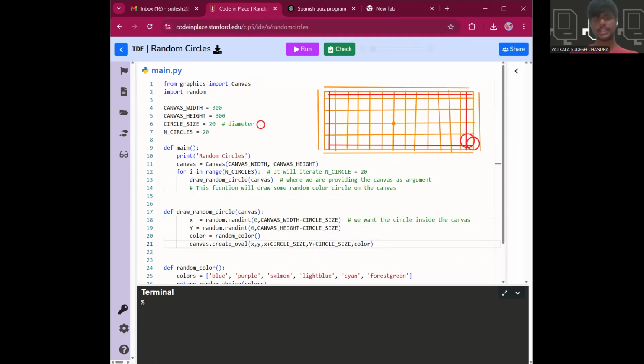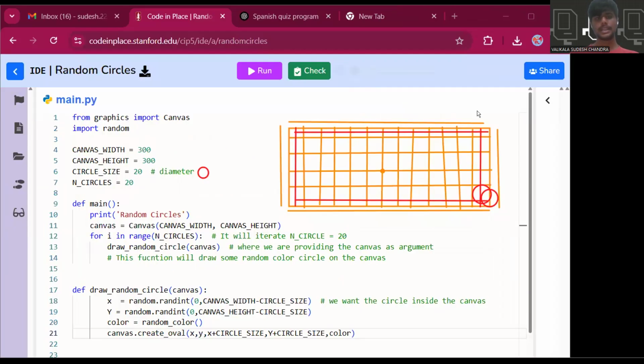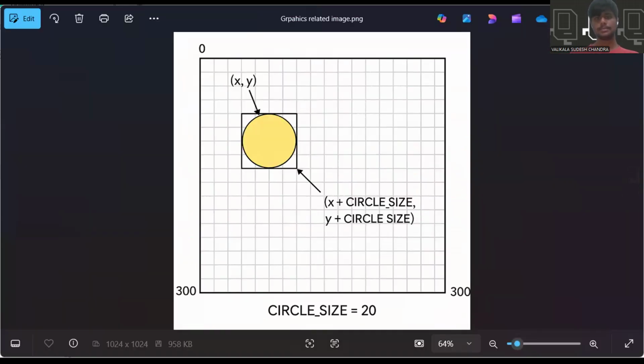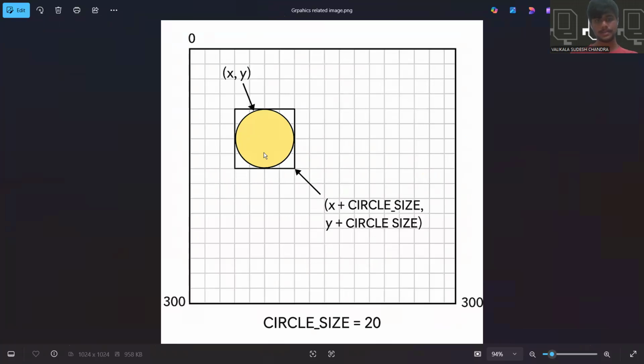I will try to share another screen. You might get a glimpse of what is happening over this place.